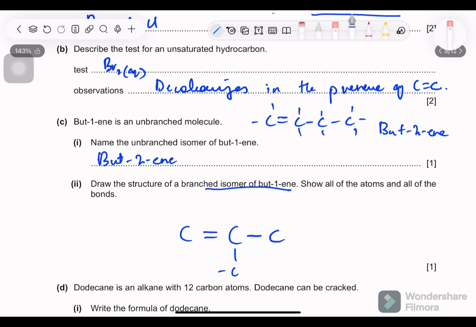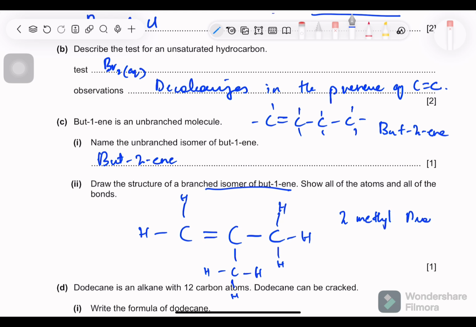So we have to draw all of the bonds. So this is now methylpropene, 2-methylprop-1-ene.